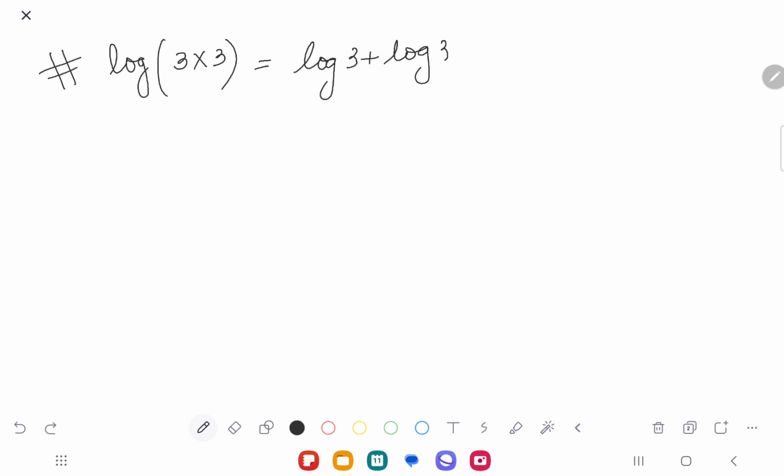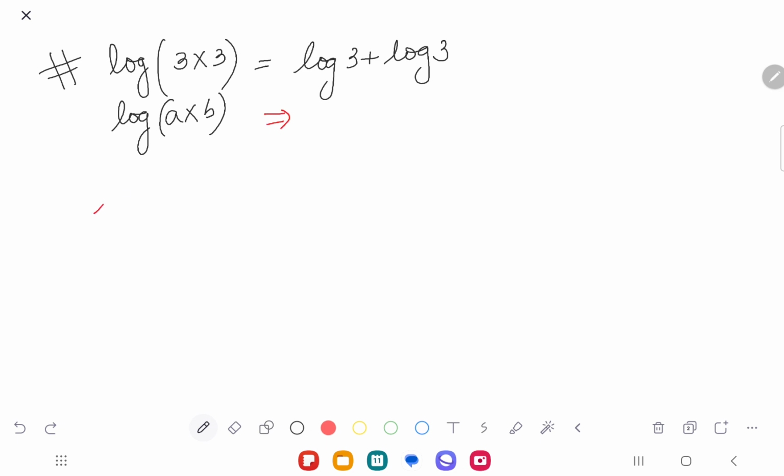On similar lines, when we have log 3 times 3, can I say log 3 plus log 3? Because log a times b shall be log a plus log b. This is also log a times b, where both a and b are exactly the same.